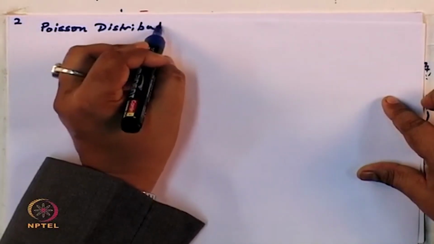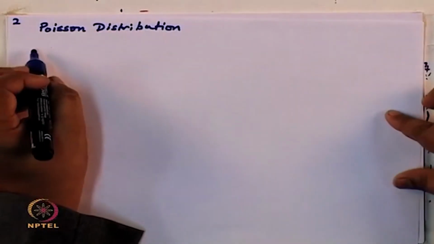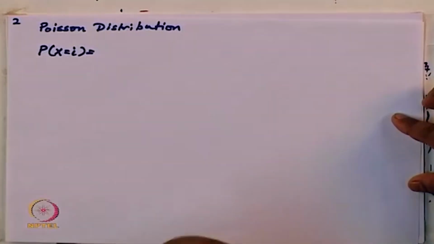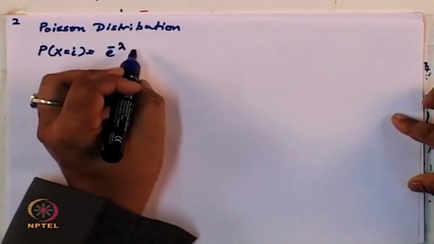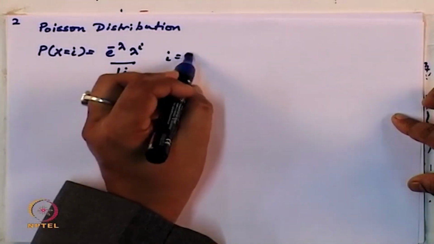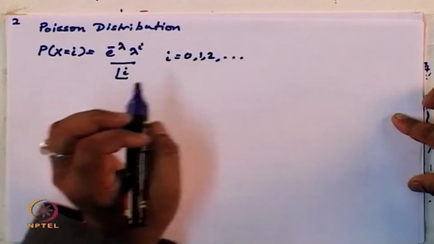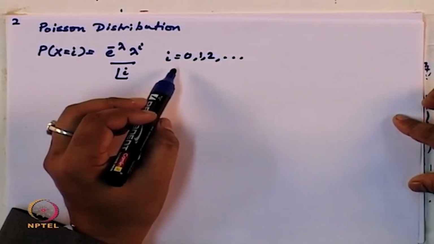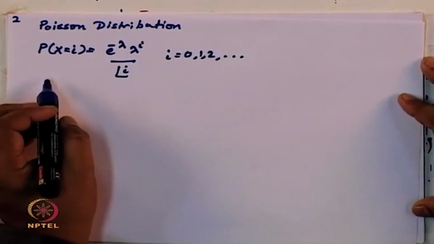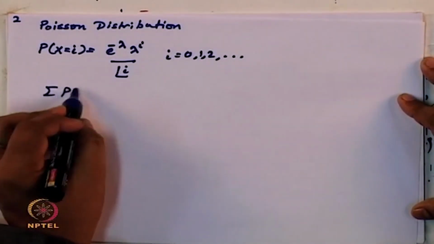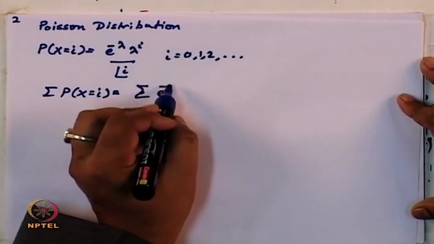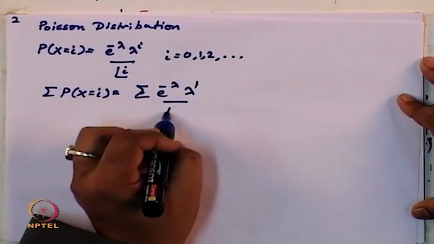In the Poisson distribution, the probability mass function for x equal to i is given by e^(-lambda) lambda^i by factorial i, where i can take values 0, 1, 2, and so on. So i is a discrete random variable. Let us first compute the summation of the probabilities.